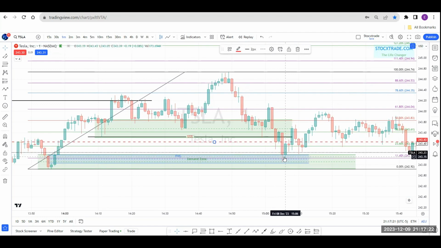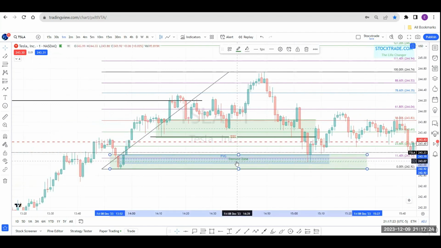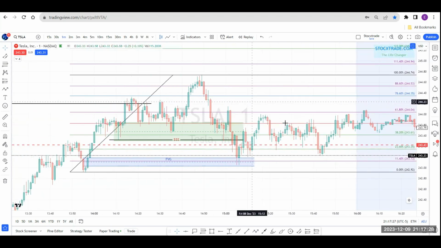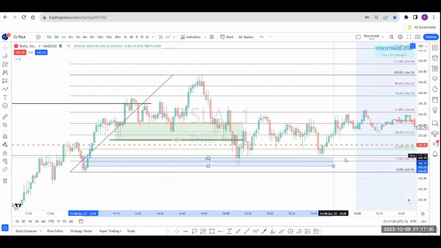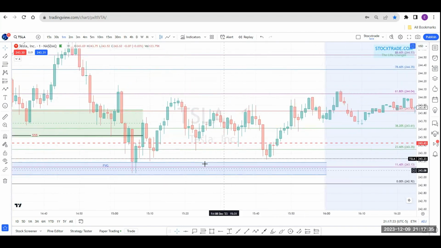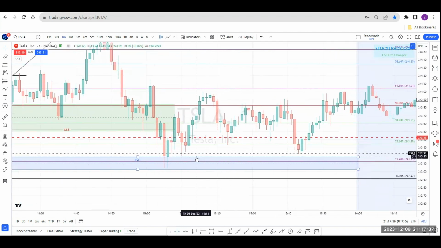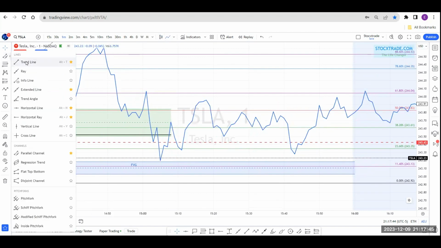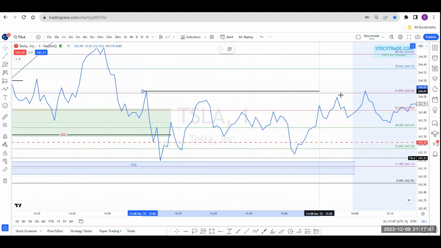Now they ate the stop loss. They came in the gap, and now they are going up. Okay. The same thing happened here. If you see, this was your trade. Okay. This was your trade, and what did the price do? Okay. Let's see this. This was your liquidity.